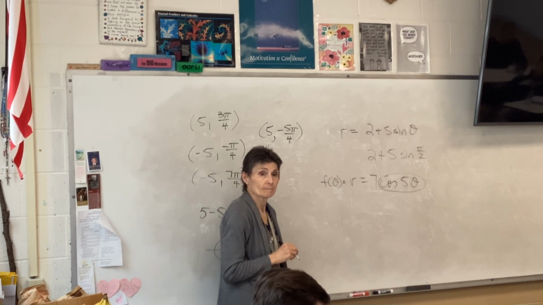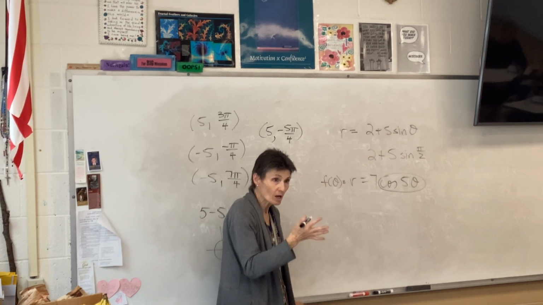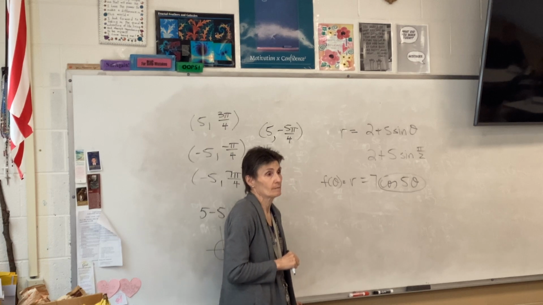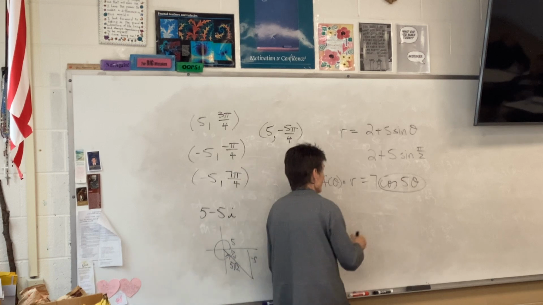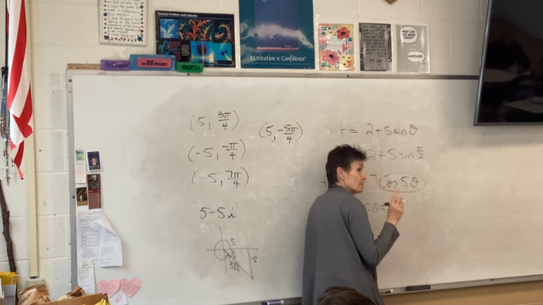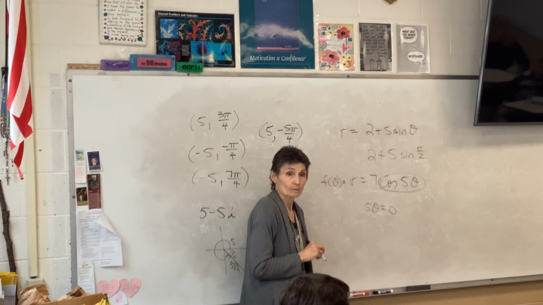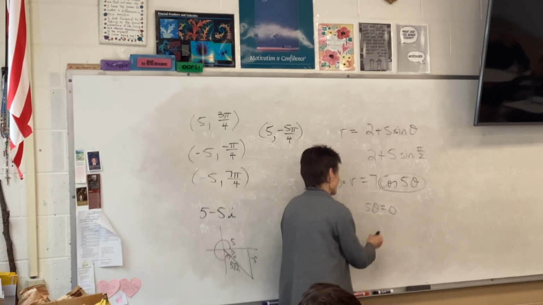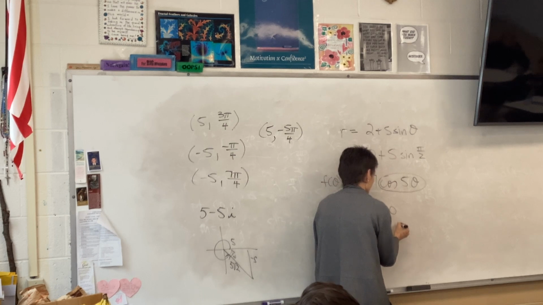Yes. Okay, where does cosine equal 1? 0. It equals 1 at 0. So 5 theta would have to be 0. Yes. Would you agree with that? Which means theta is 0.